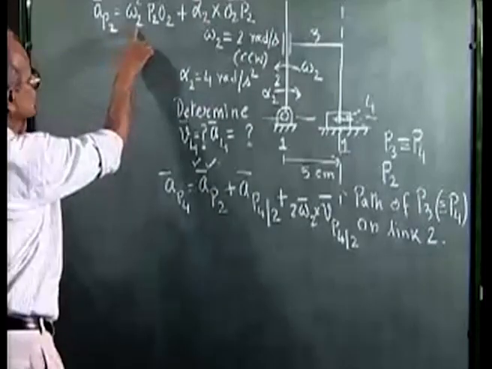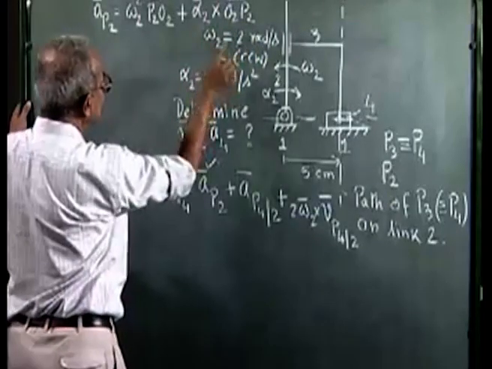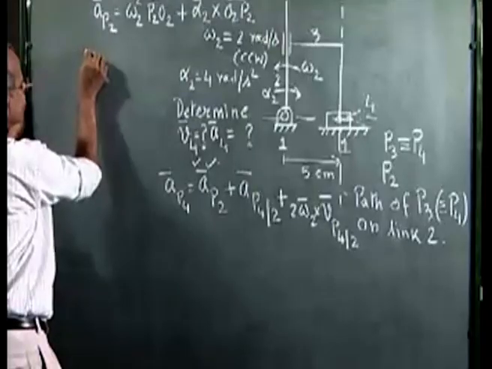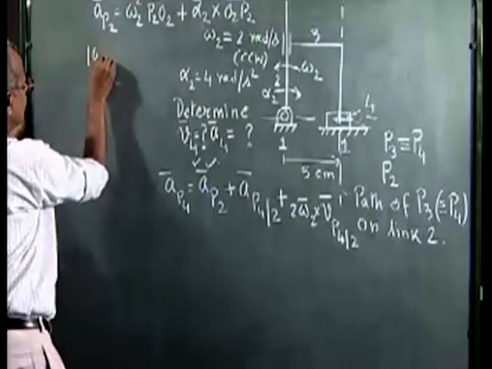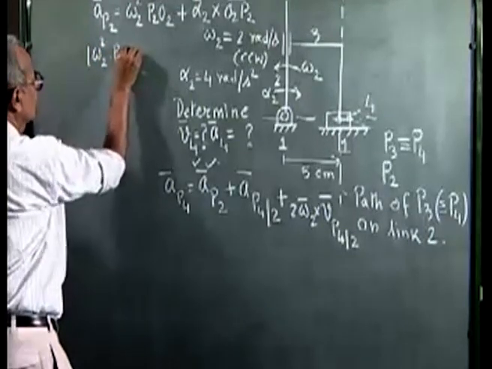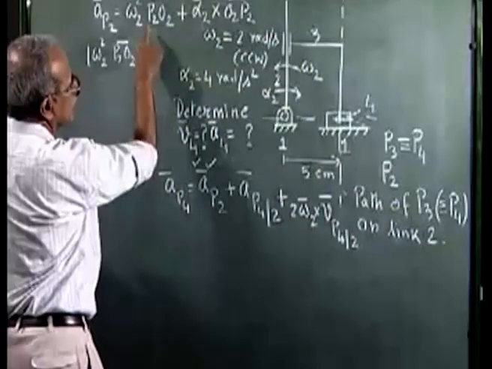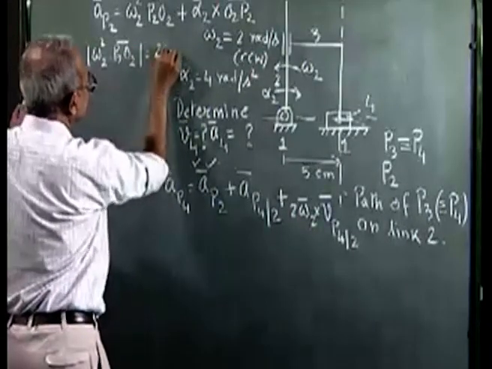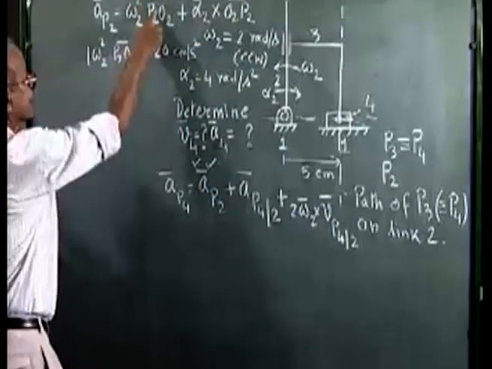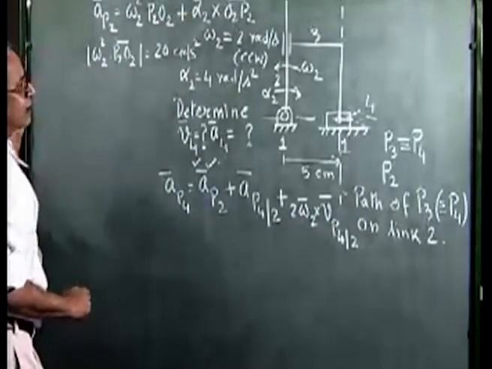The magnitude of omega 2 squared P2O2: omega 2 squared is 2 squared, that is 4, P2O2 is 5, so this is 4 into 5, that is 20 centimeter per second squared, and the direction is along the vector P2O2, that is horizontal to the left.